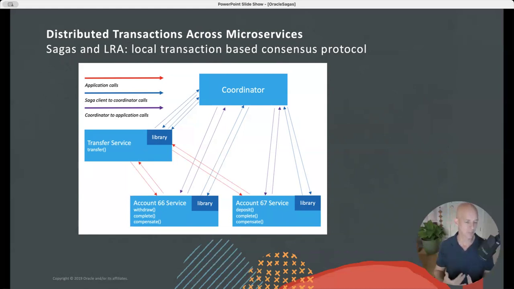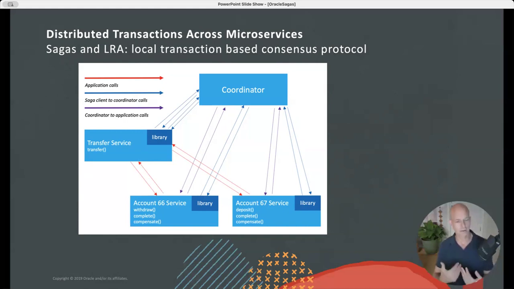That service decides whether it wants to complete or compensate, essentially commit or rollback, and issues that command to the coordinator. Now, what is different with the Saga specification from JTA and XA is that during the enlist, the account services or bank services that we see here enlisted an endpoint that the coordinator will call.